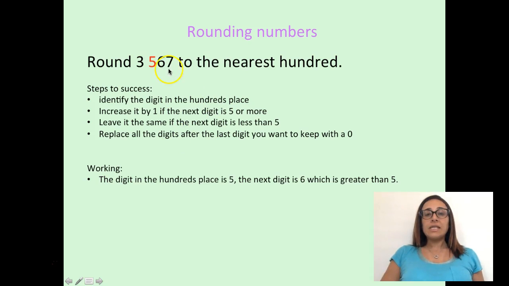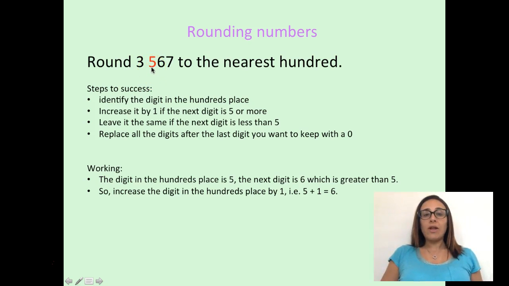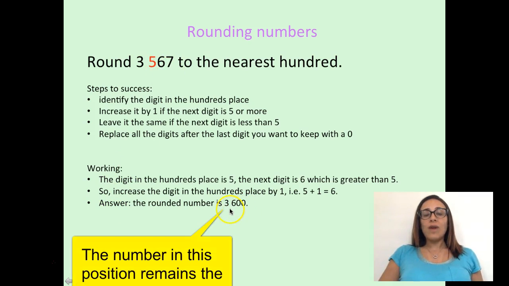The next digit is a 6, which is greater than 5, so we need to increase the digit in the hundreds place value by 1. 5 increased by 1 is 6. And then the digits after it get replaced with a 0. So when this number is rounded, it gets rounded to 3,600.